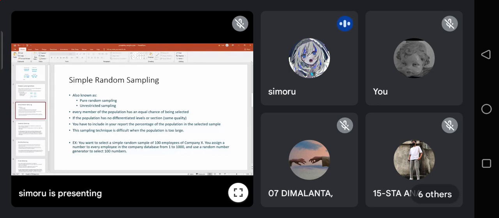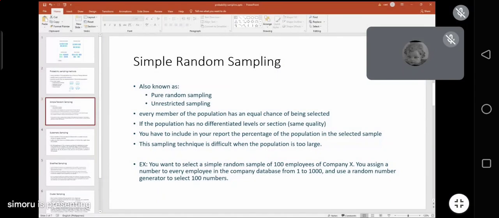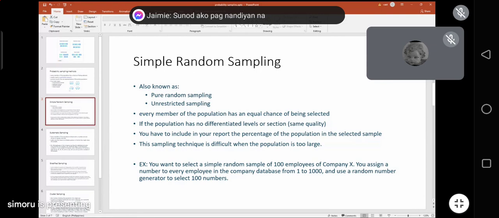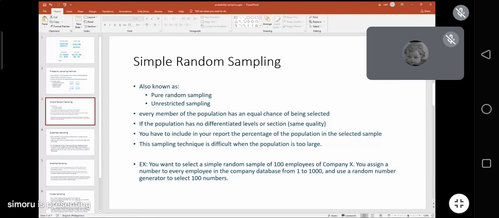To conduct this research, you can use some random generator or some kind of calculator, or you can get a percentage to take from your population, so you can get your sample.